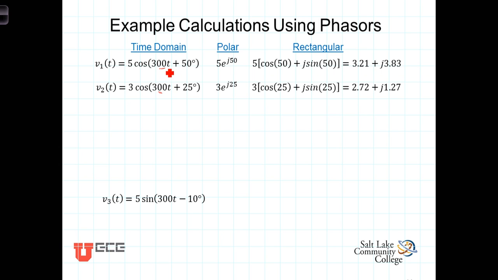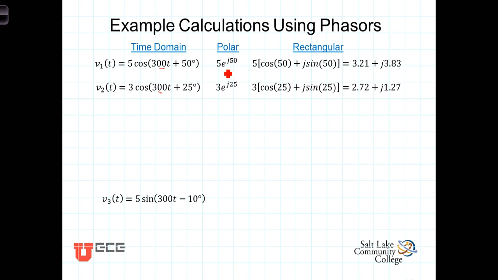Each of these is oscillating at the same frequency but with different phase offsets. What I want to do here is show you how we can use phasors to add and subtract and multiply and divide these trigonometric functions. To do so, we're going to be using the phasor representations of these, and so I've gone ahead and defined those here.